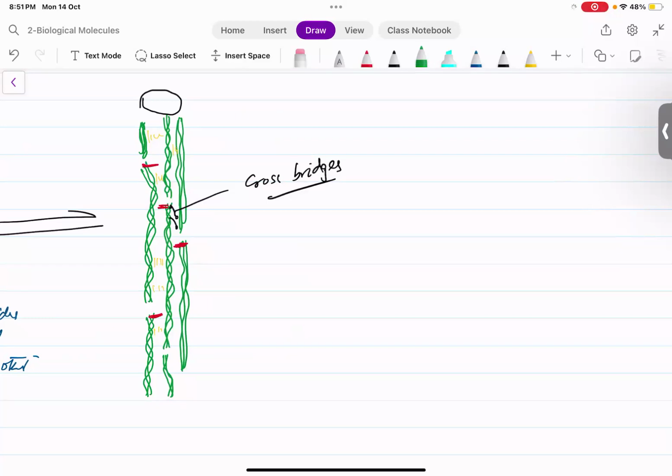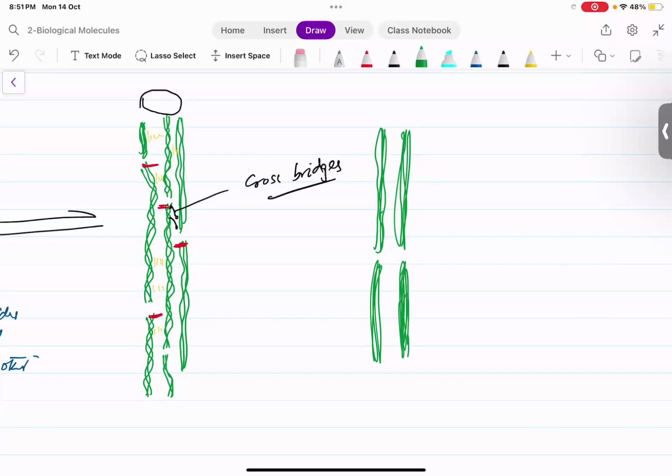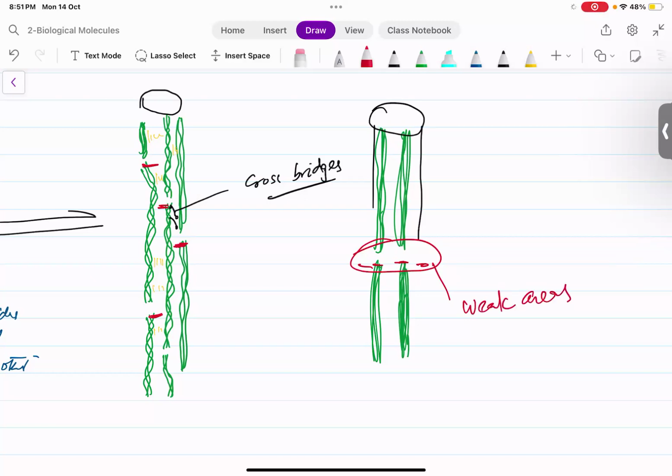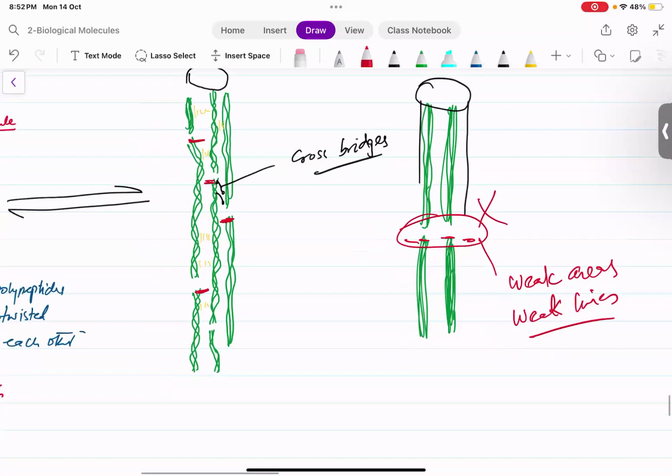It could have been that these collagen molecules all ended at the same level in a collagen fiber. That would leave weak areas or weak lines at these points along the length of the collagen fiber. As these are not ending at the same level, they are ending at different levels.